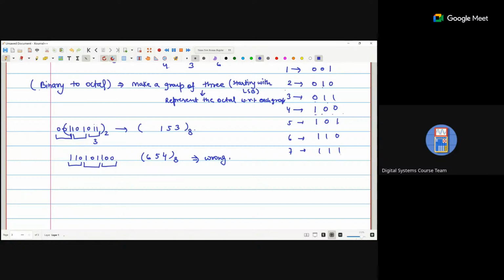Why is it wrong? Because when you add zeros in the LSB, the decimal value is changed. Whereas when you add zeros in the MSB, there is no change in the decimal value.